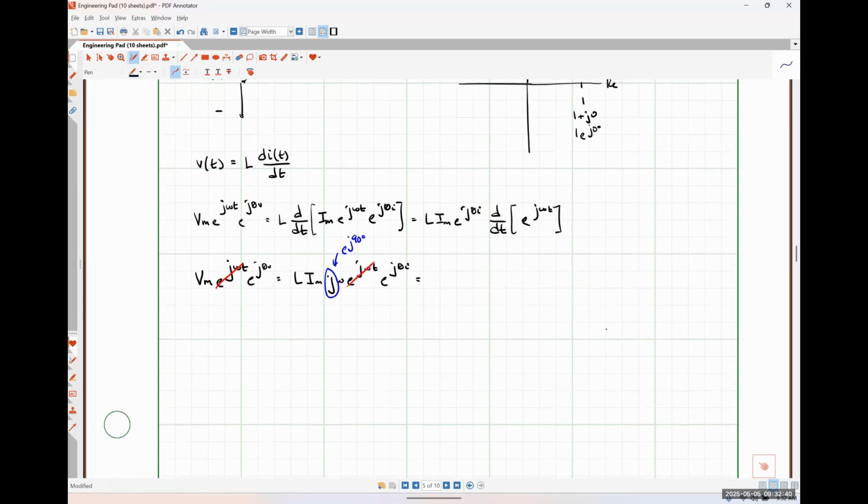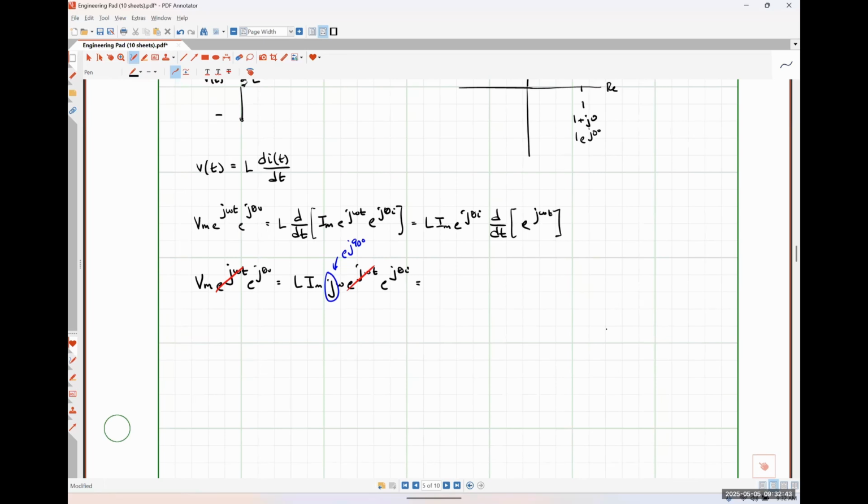So I can actually pretty this up a little bit, okay? So I could have Vm e to the j theta v is equal to, so let me reorganize some things here really quickly. So one way that I could put this would be j omega L times Im e to the j theta I. But another way that I could write this would be omega L times Im e to the j theta I plus 90 degrees.